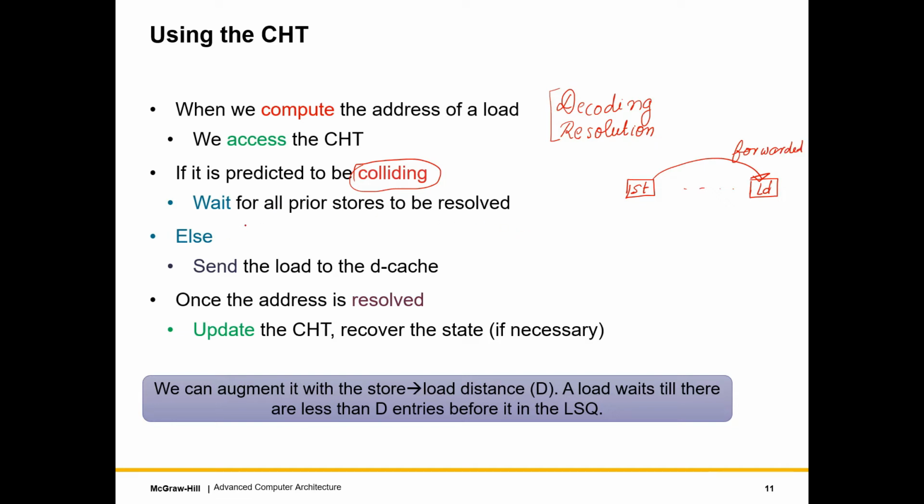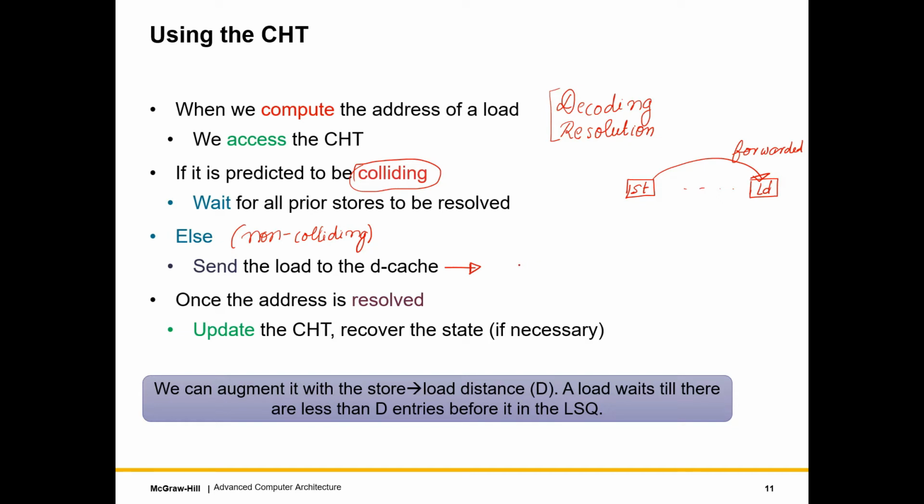If it is predicted to be non-colliding, which means that there is no forwarding that is going to happen, most likely of course, then we send the load directly to the data cache and we are done. Alright.